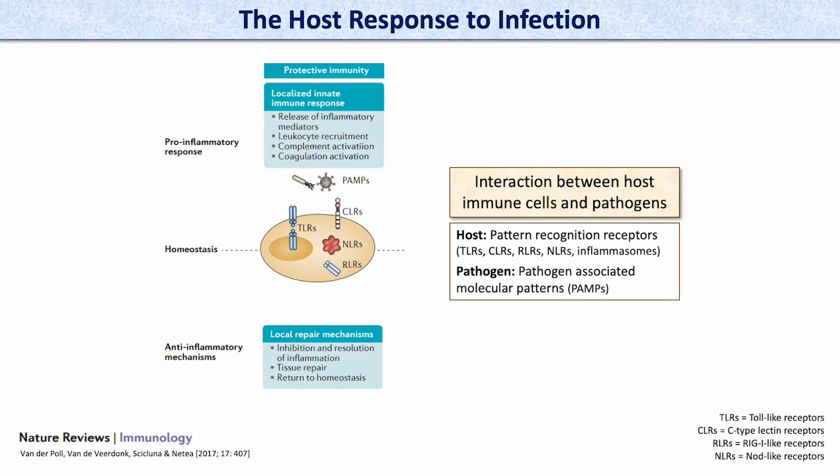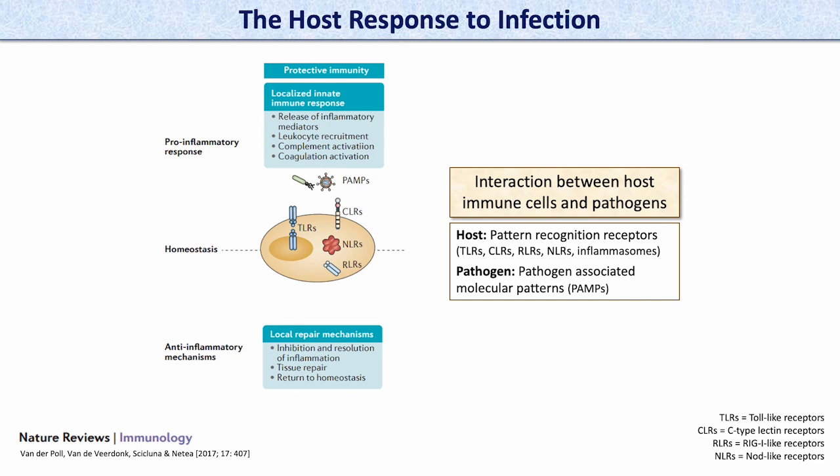It should be realized that the pro-inflammatory and anti-inflammatory responses that we detect in patients with sepsis are also part of a normal, adequate immune response to an invading pathogen. And this is what this slide seeks to show. Upon a first encounter between a pathogen and a host immune cell, the immune cell recognizes so-called pathogen-associated molecular patterns, or PAMPs, that are expressed by pathogens.